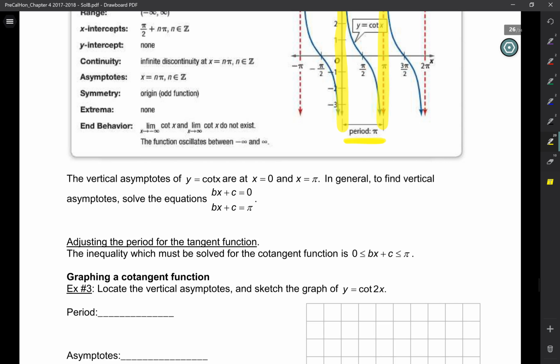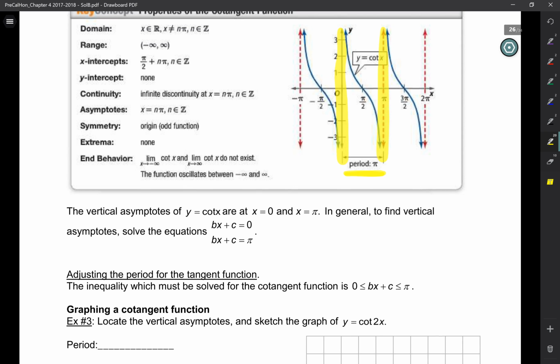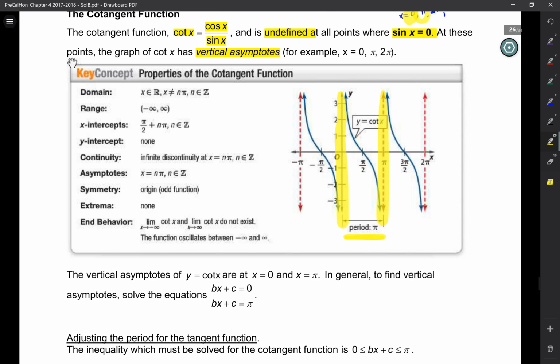Right. So now, remember, in the region between 0 and pi over 2, what quadrant are we in? Between 0 and pi over 2, what quadrant? Quadrant 1. Cotangent is positive there. In the region between pi over 2 and pi, what quadrant are we in? 2.